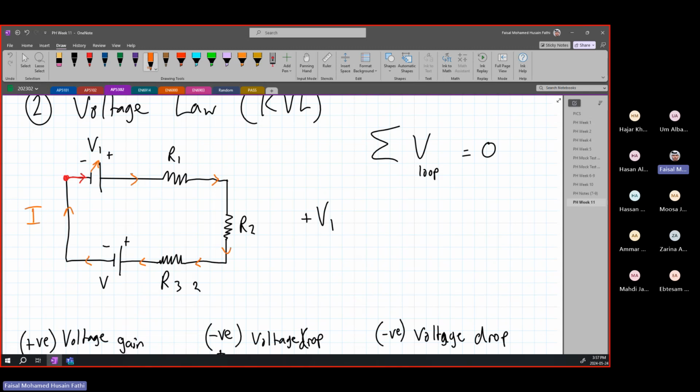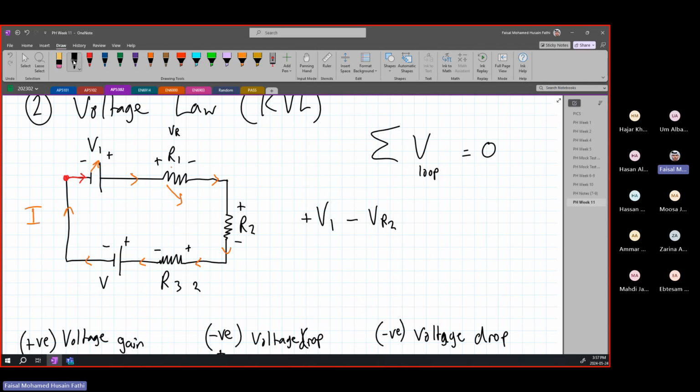And then current now is going onto a resistor. When it's going onto a resistor, it's going to be a voltage drop, right? Remember that when current is flowing to a resistor, the polarities are going to look something like this. Plus minus, plus minus, plus minus. Because we're going through a resistor, it's always going to be a negative value. So negative VR1, the voltage drop across R1.